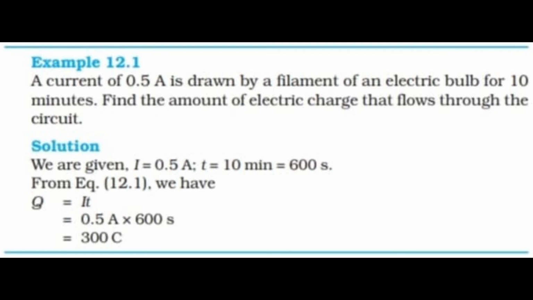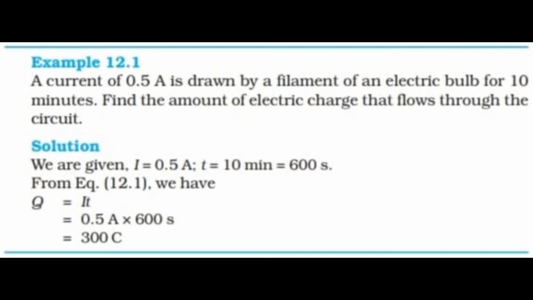Convert 10 minutes into seconds. 1 minute is equal to 60 seconds. Therefore, 10 minutes is equal to 10 into 60, that is equal to 600 seconds.